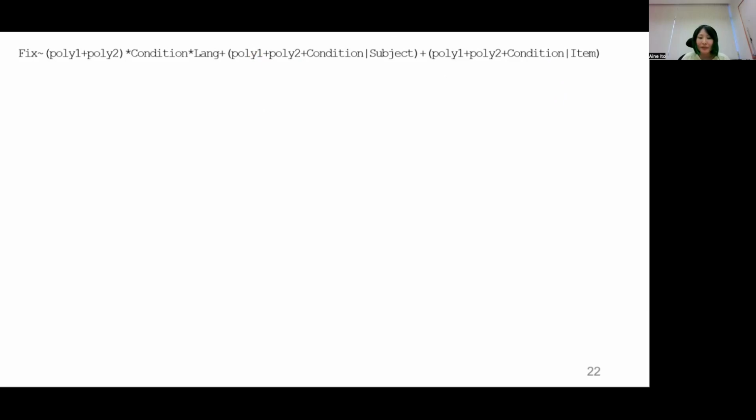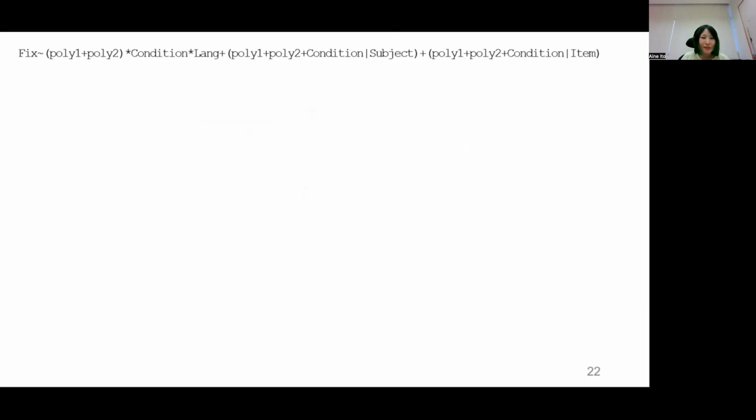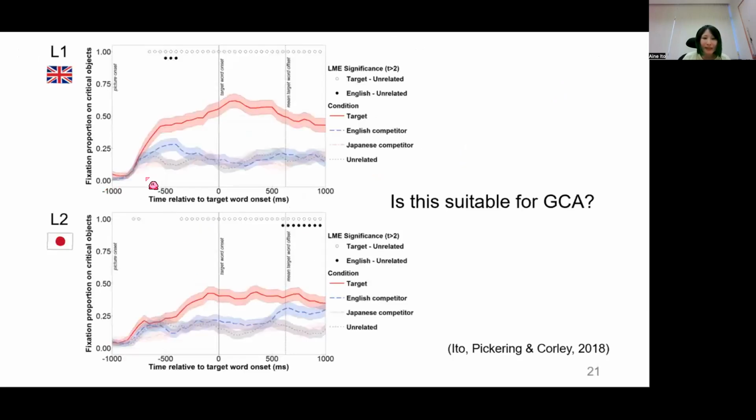And for the time window, I took from 800 milliseconds to 0 milliseconds relative to the target word onset. That's because at the beginning, there's not much happening, right? And as I said, for growth curve analysis, it's best to exclude such a flat window, right? And there's also a design-wise reason to exclude this data because this was the onset of the picture.